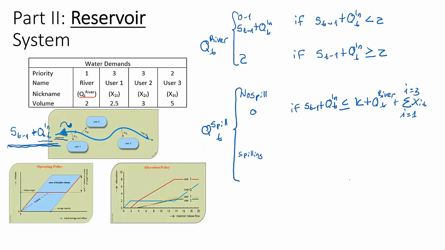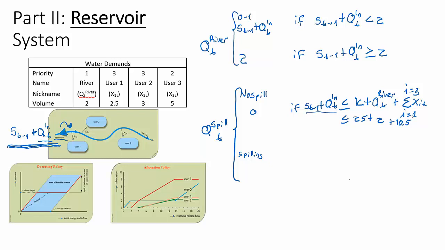So when the available water is less than the storage capacity, which in this case is 25 units, plus the water to the river, plus the water to the users, that is 25 plus 12.5, so 37.5. When that happens, then the reservoir will not spill.